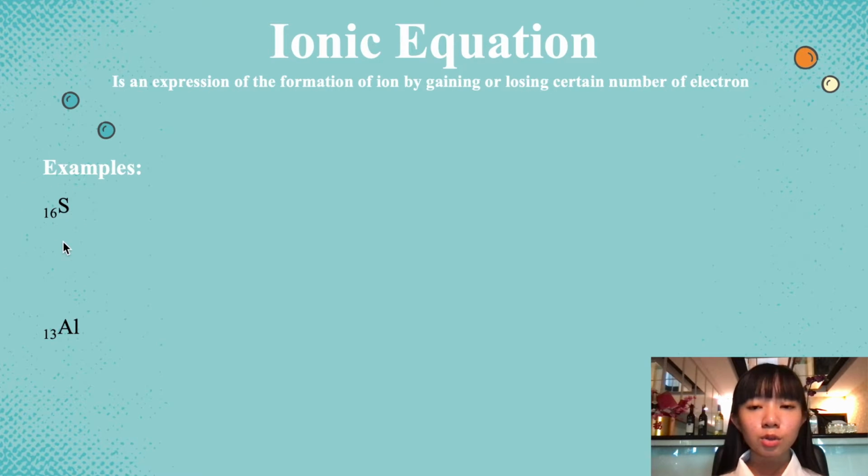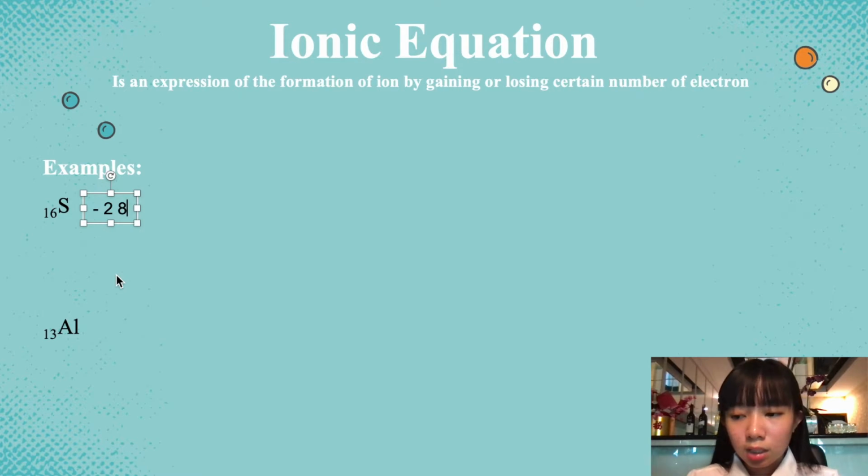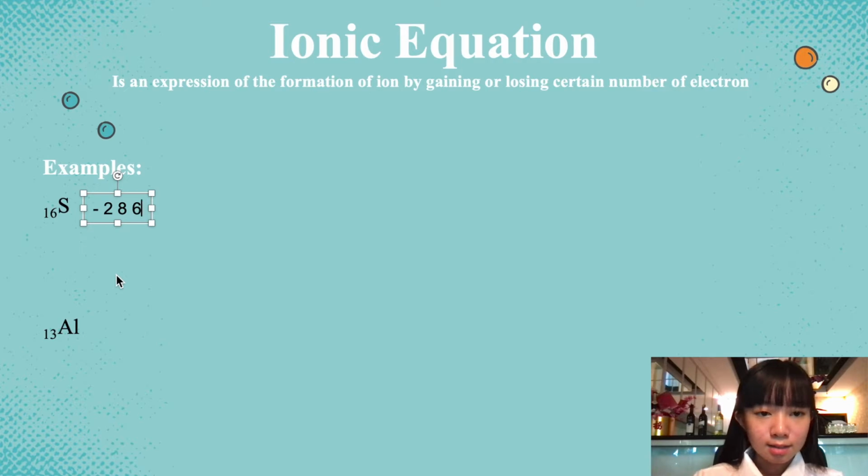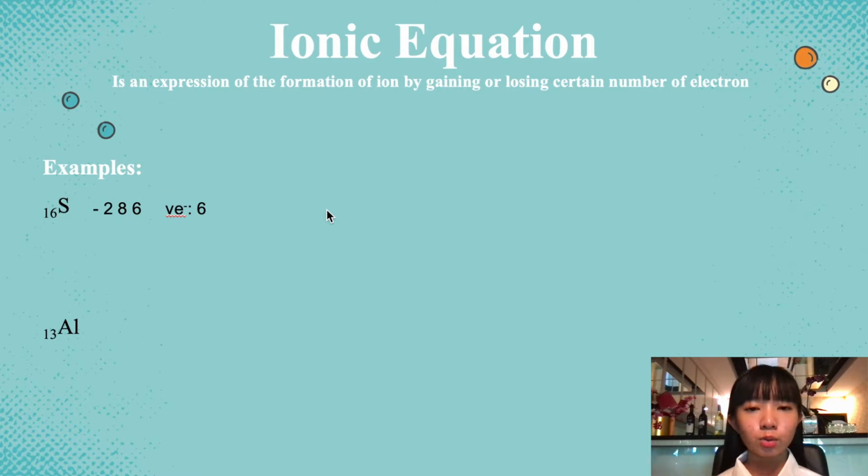The first one is sulfur with the atomic number of 16. We will now write down the electron configuration first. The electron configuration for sulfur is 2, 8, and 6, which means that sulfur has 6 valence electrons. After we have the valence electrons, we will now write down the ionic equation.